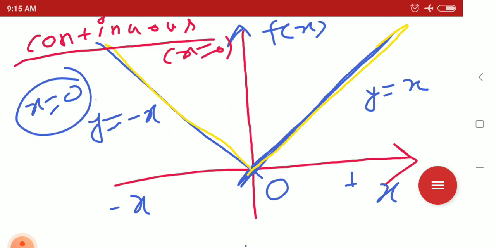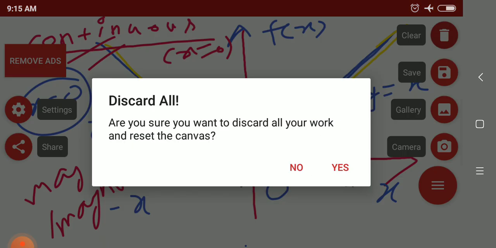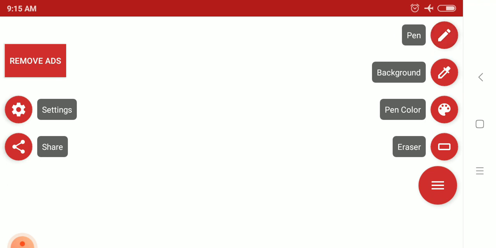We can only say that when it is continuous, it may or may not be differentiable. So at x equals 0, we are fine that it is continuous, so it may or may not be differentiable.